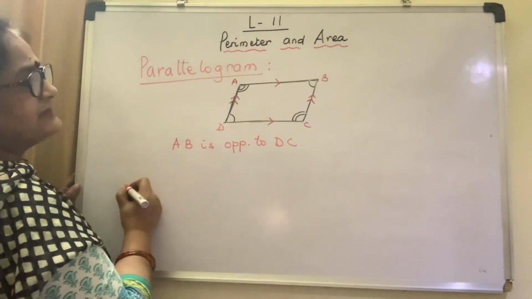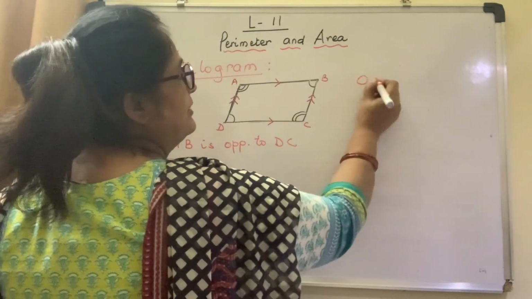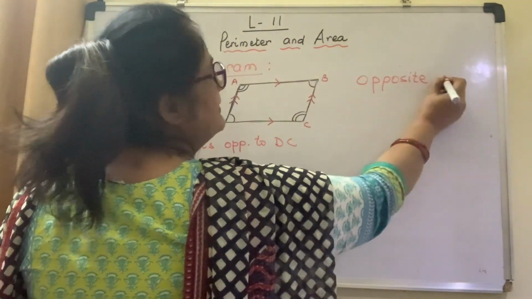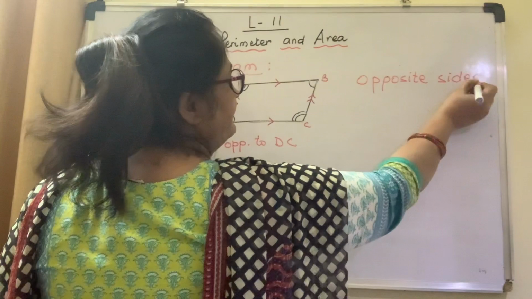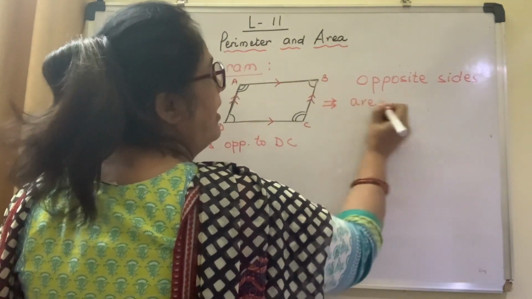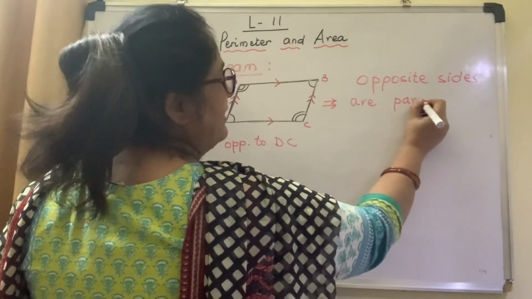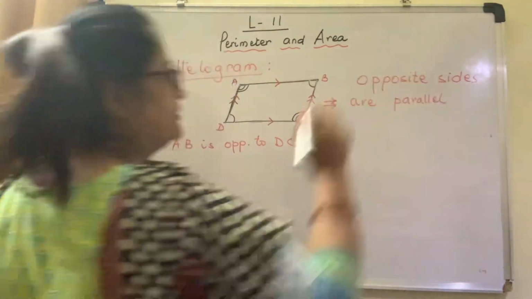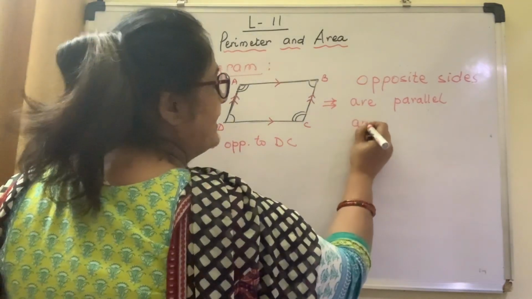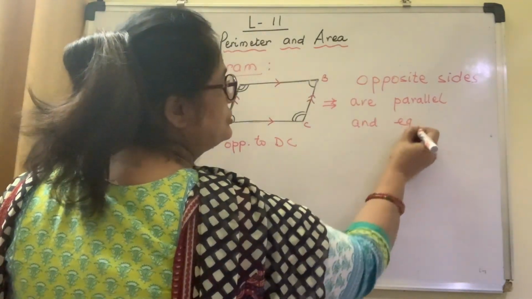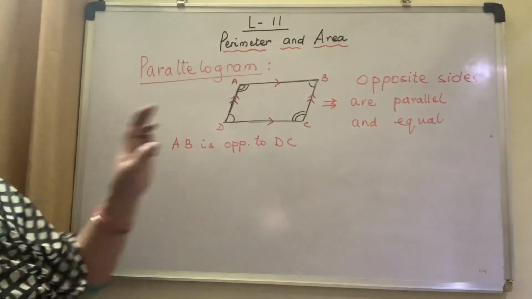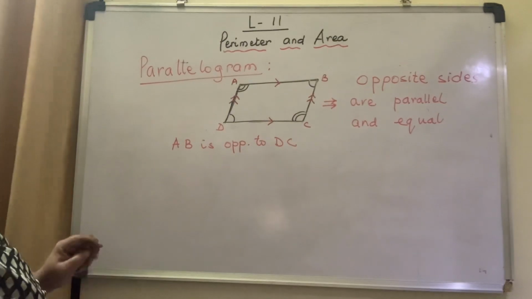Now, opposite sides of a parallelogram are parallel. That is why it got the name parallelogram. They are parallel and they are also equal. Opposite sides are parallel and equal.